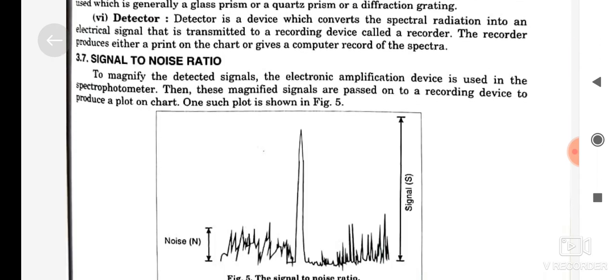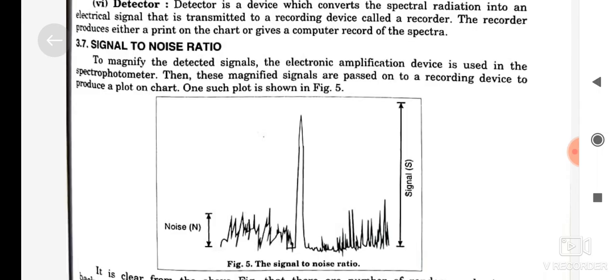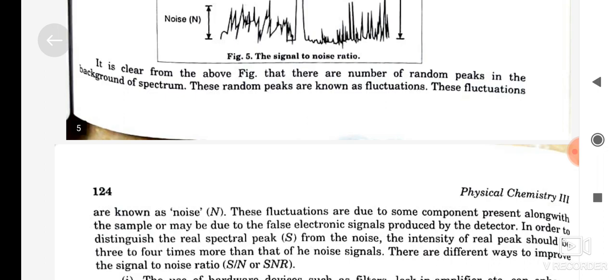Signal to noise ratio. To magnify the detected signals, electronic amplification devices are used in the spectrometer. Then these magnified signals are passed on to a recording device to produce a plot on a chart. One such plot is shown in figure 5. It is clear from the above figure that there are a number of random peaks in the background of the spectrum.